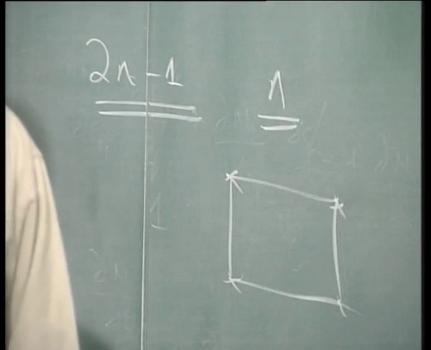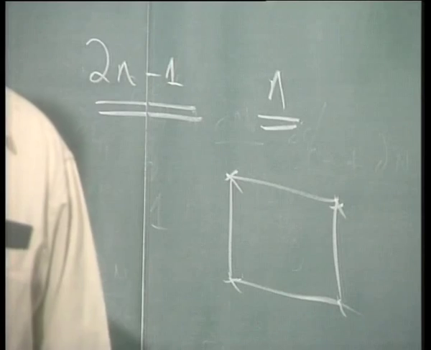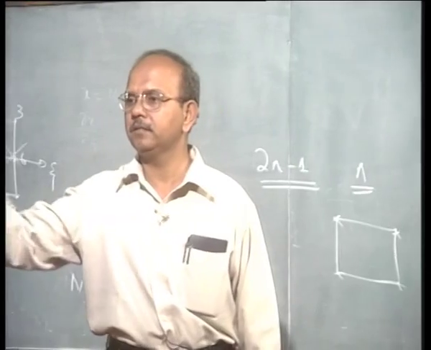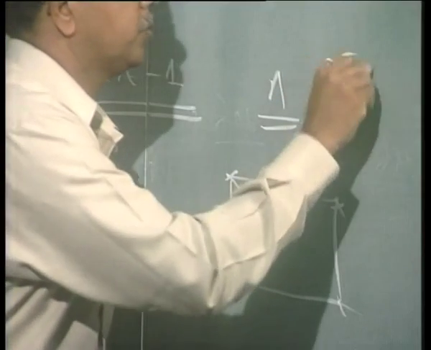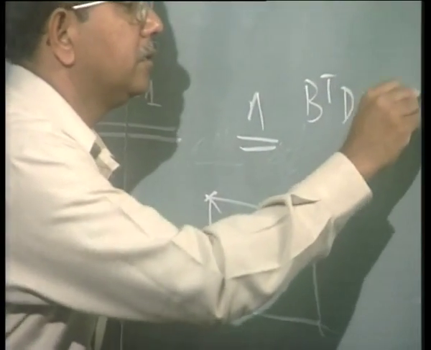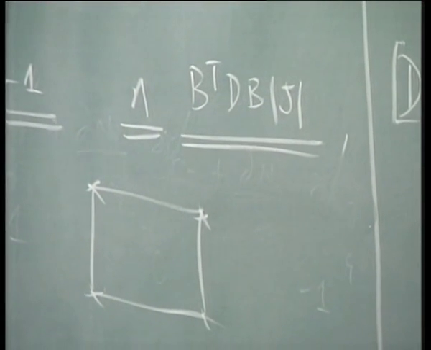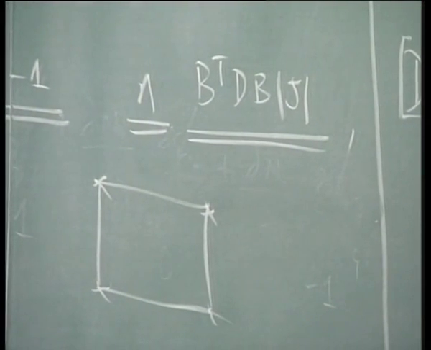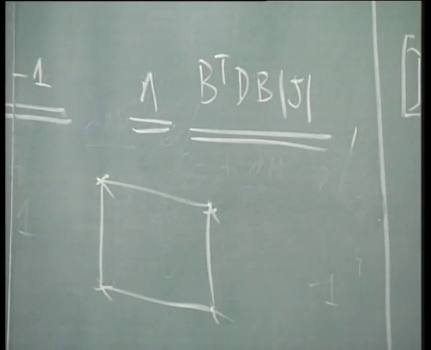What are the terms that are involved in K? B transpose D B times determinant of J, d psi d eta. These are the terms that are involved. Psi and eta can sit in these.